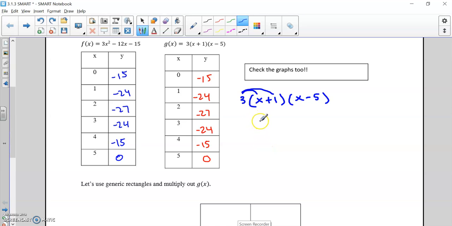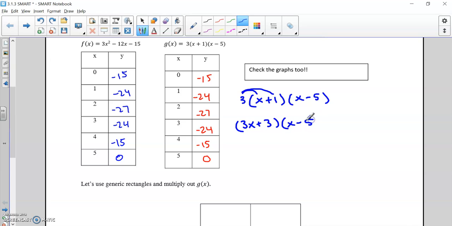Now the most common mistake I see is when people multiply the 3 into everything. Do not do that. If you do that, that'll be like multiplying 3 into it twice, so it's actually like multiplying a 9 in there. When we multiply it only into one set of parentheses, it doesn't matter which set you chose. You could have chosen this one too. I just choose this one because it's closer.